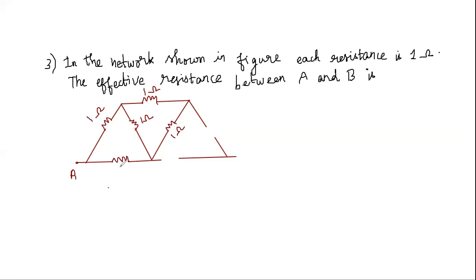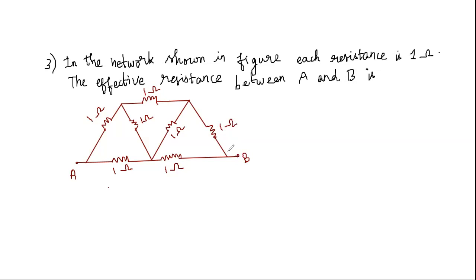Here 1 ohm. And here another 1 ohm. And here 1 ohm. And this point is B. So this is the circuit.